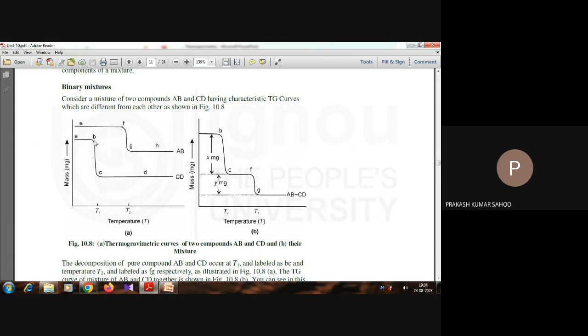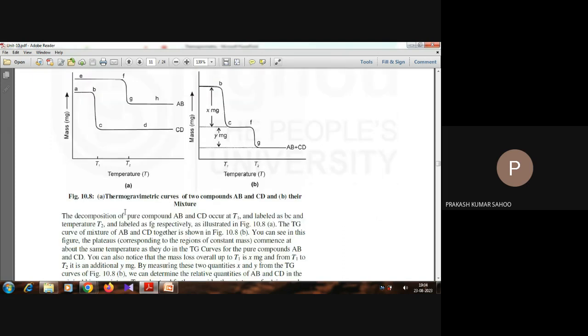That means here there is a loss of two units, and this is also a loss of two units. By combining these two, we have AB plus CD, and the net plot will be like this. This is the thermogravimetric curve of two compounds AB and CD and their mixture.